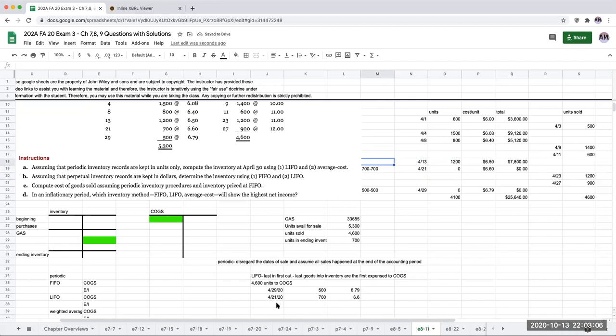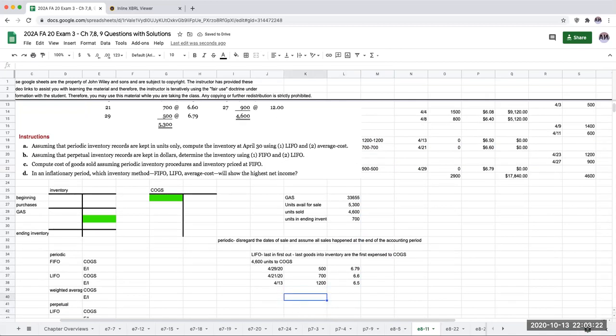I then go over here to April 13th. This is going to be 1,200 units at 6.50, and this is now gone. I'm still not there yet, because I need 4,600 and I'm only at 2,400.